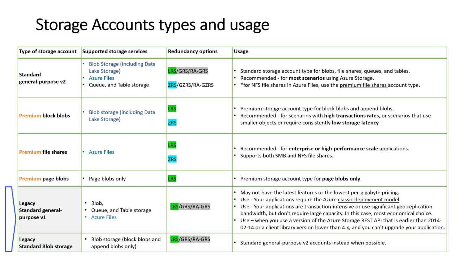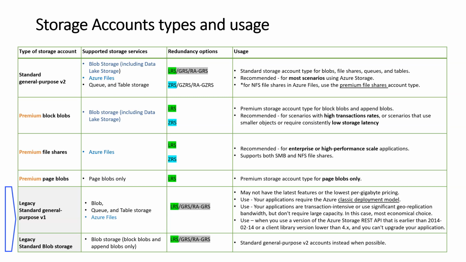Talking about the legacy standard general purpose V1, it supports blob, queue and table storage, Azure Files, and these are the redundancy options we have. It may not have the latest features or the lowest pricing, but it is used for special cases.